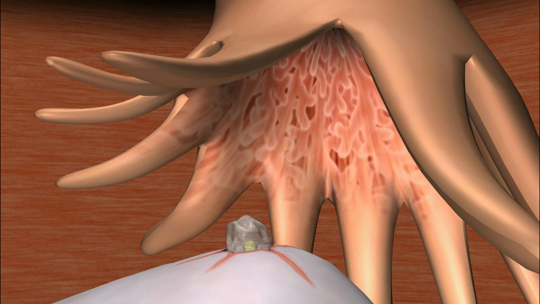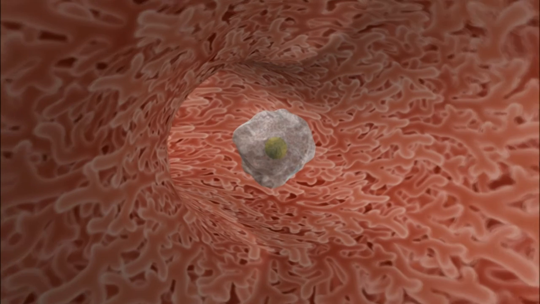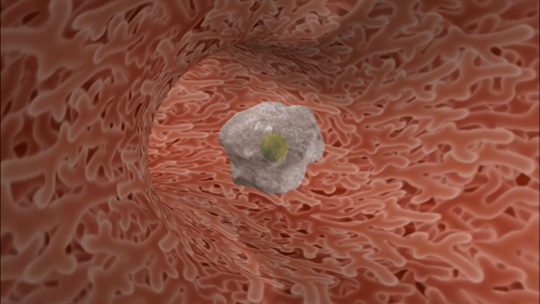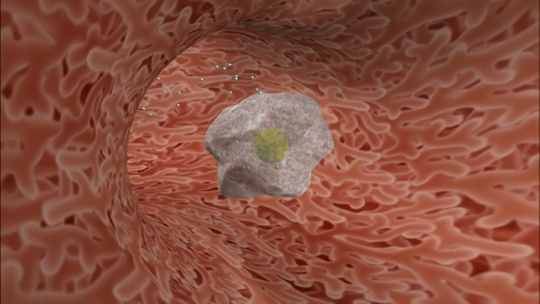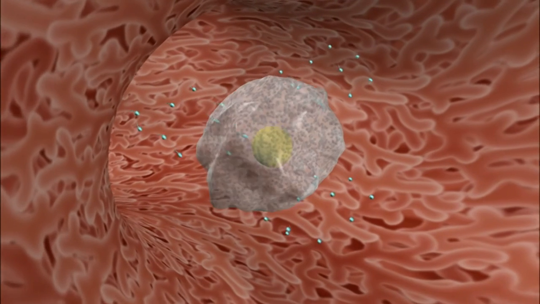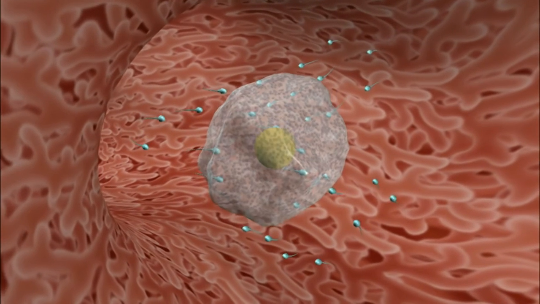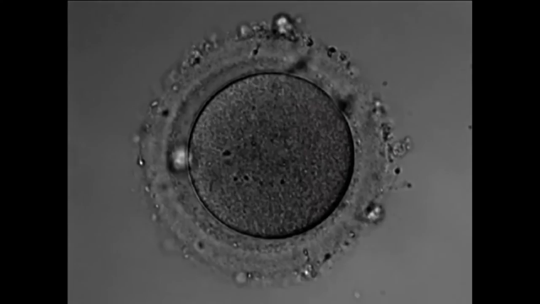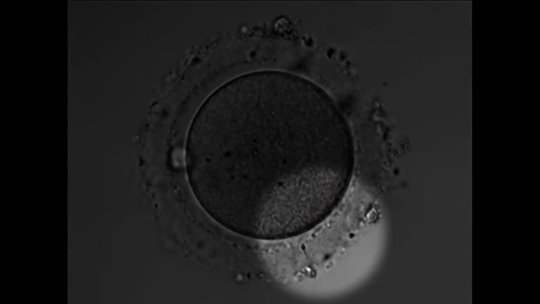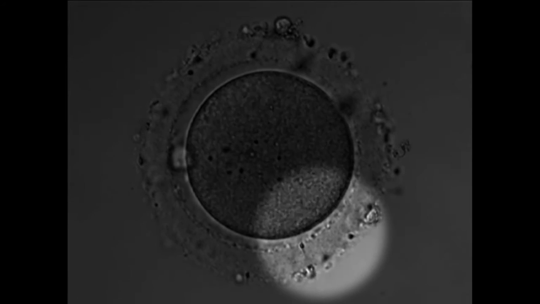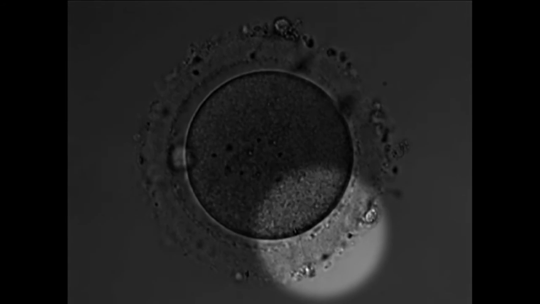The egg which is released gets sucked into the fallopian tube. This is where the egg and sperm meet. Let's look at the moment they meet. One of the sperm breaks the eggshell and goes inside.